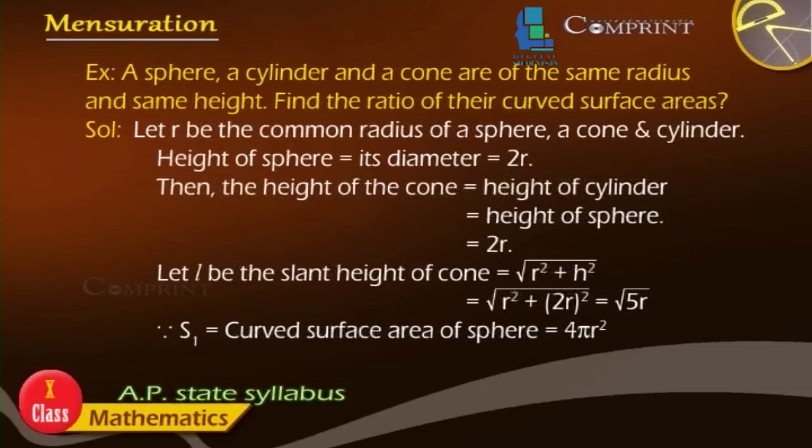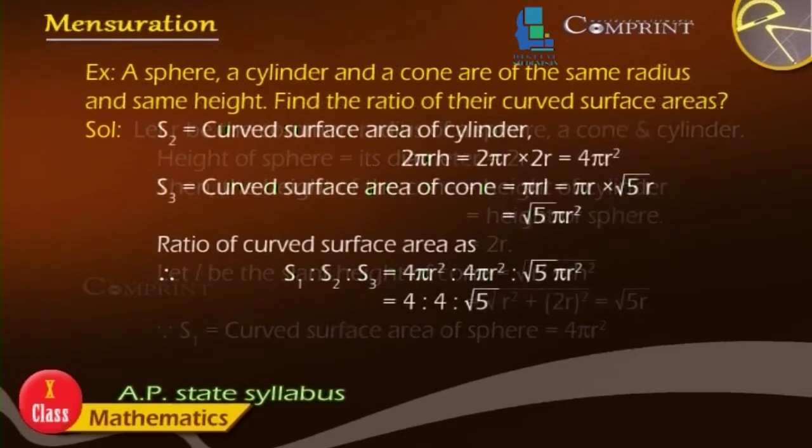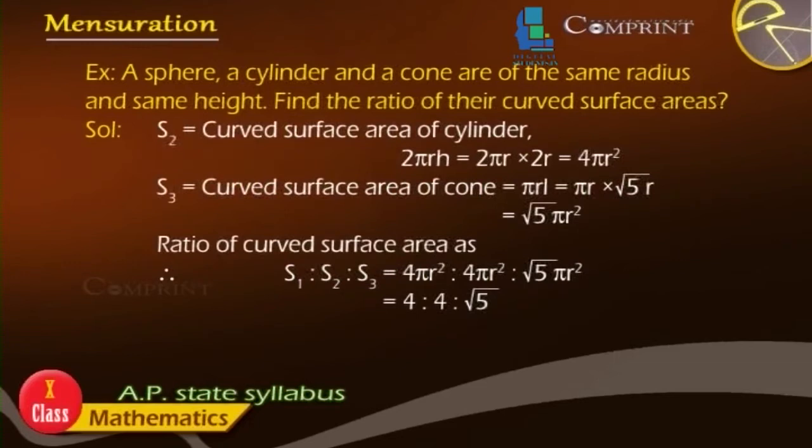S1 is equal to curved surface area of the sphere is equal to 4 pi r square. S2 is equal to curved surface area of cylinder is equal to 2 pi r h is equal to 2 pi r into 2r is equal to 4 pi r square.